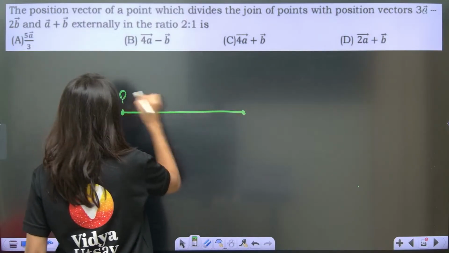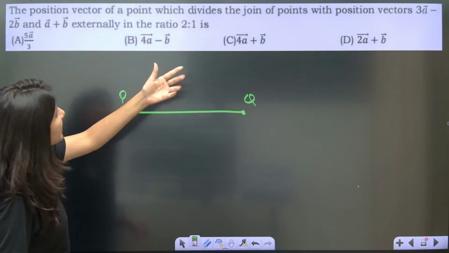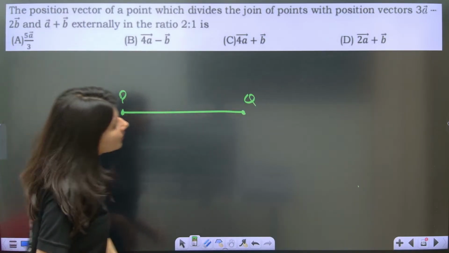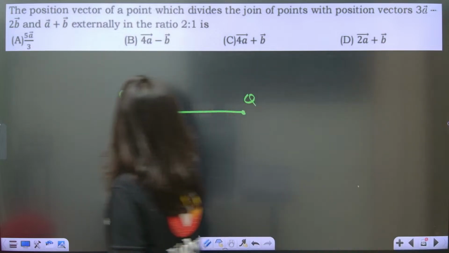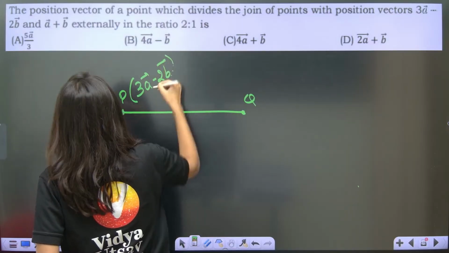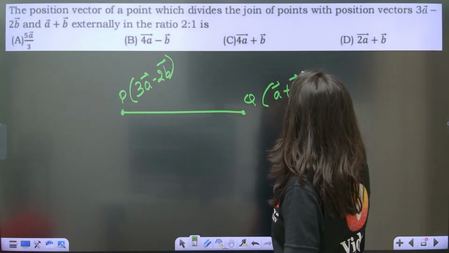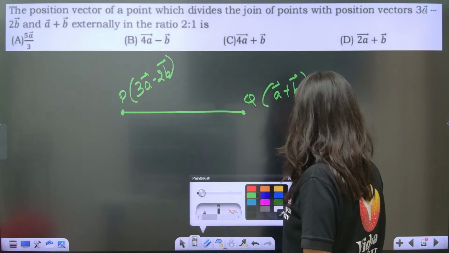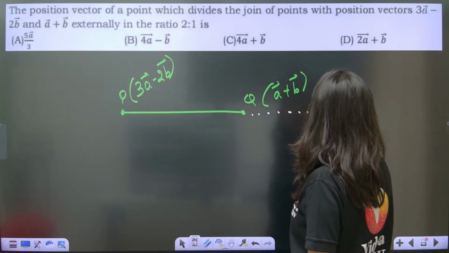Suppose this is P, this is Q. P has position vector 3A minus 2B, and Q is A plus B. Now you have a point R on the line joining them.